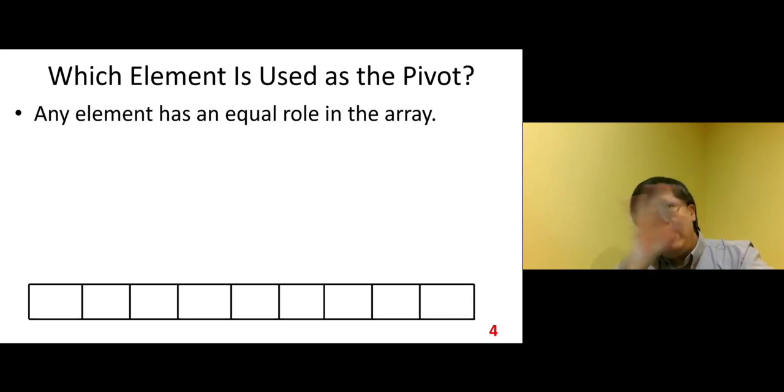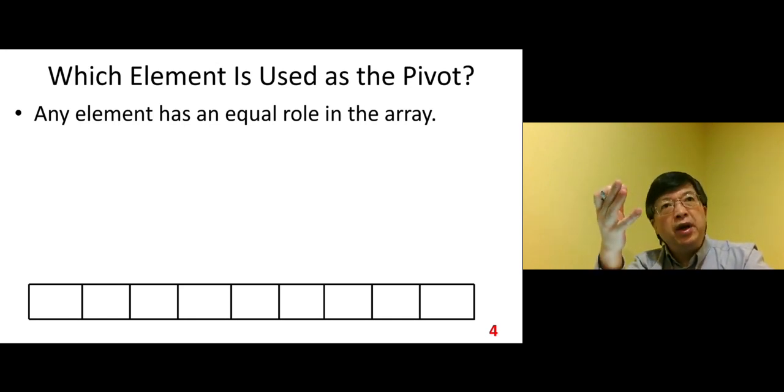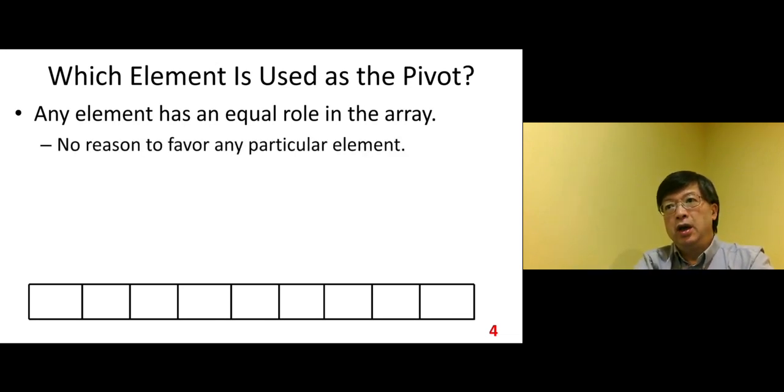So without any information, any element has an equal opportunity to be selected as the pivot. There is no reason to favor any particular element. Random selection.